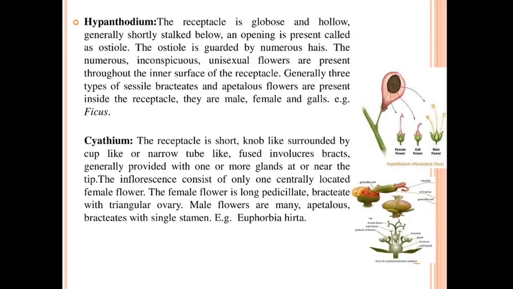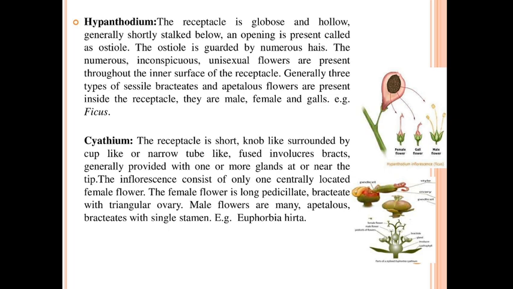Now next we have the special types of inflorescence. The first one is the hypanthodium inflorescence, which is typically present in family Moraceae. All members of Moraceae, especially the genus ficus, have the hypanthodium.